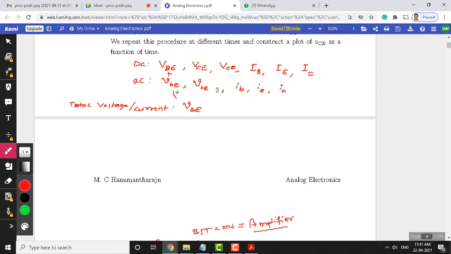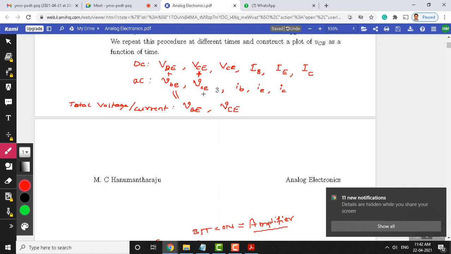Similarly, the collector emitter voltage can be written like this, small v capital C E. It is the sum of the DC collector emitter voltage and the AC collector emitter voltage.